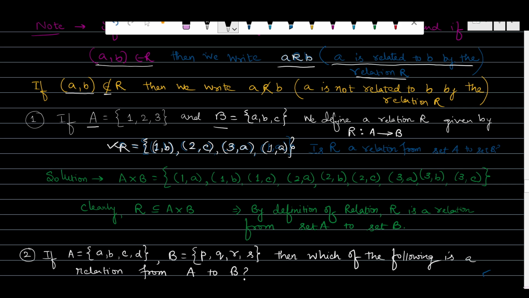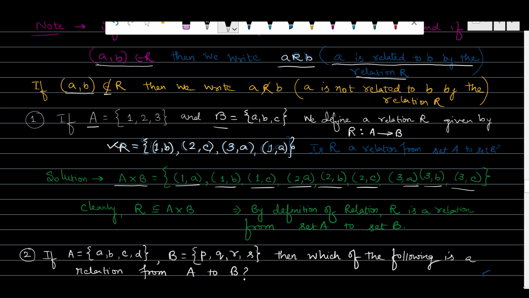So we first check whether R is a subset of A cross B. So for that we need to write A cross B. A cross B will be of the form this. We have learned this in the previous lecture.